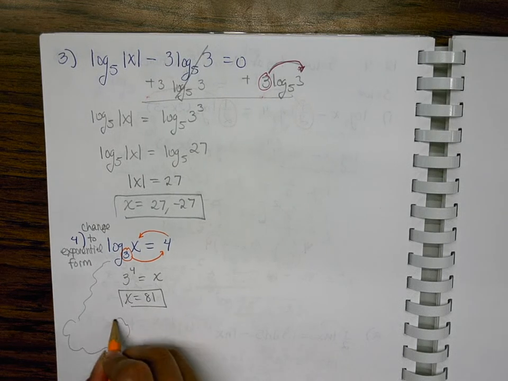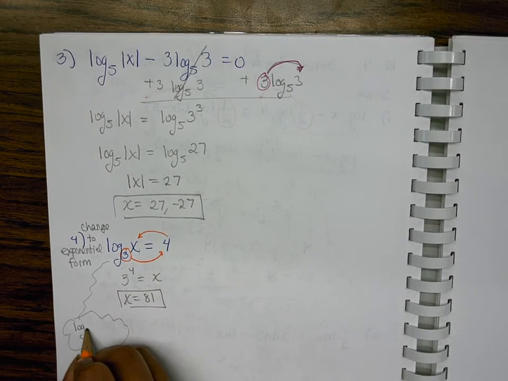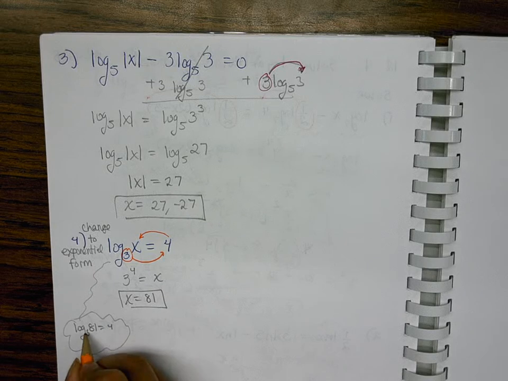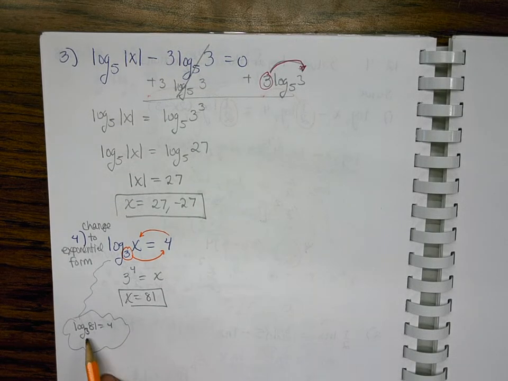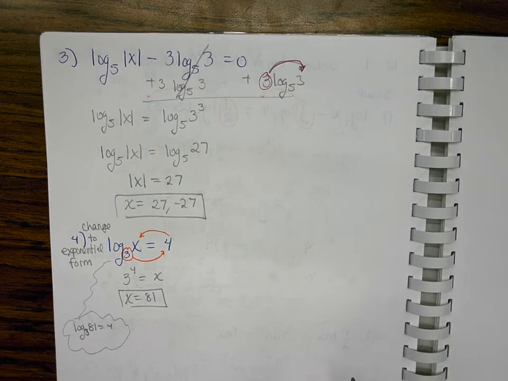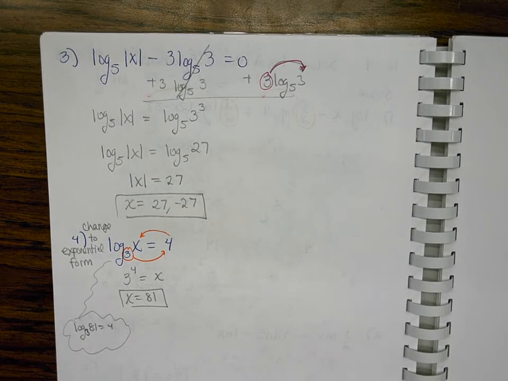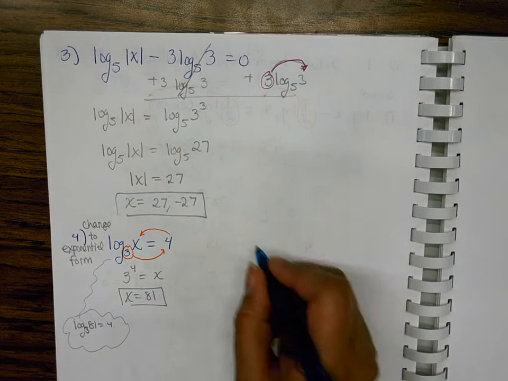And hopefully that makes sense. If I gave you log base 3 of 81 equals 4, that would be true. 3 to the 4th equals 81.